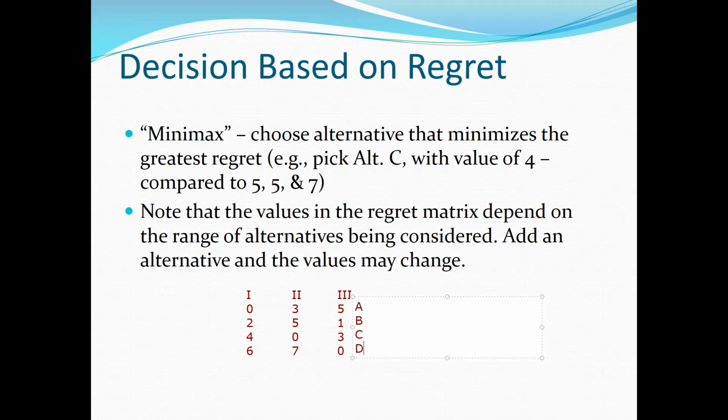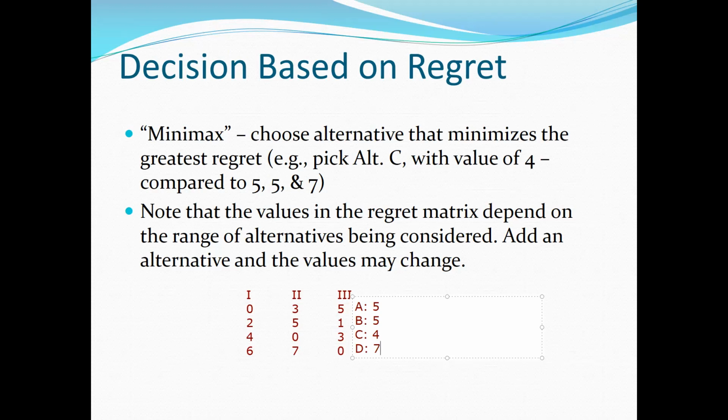What is the maximum possible regret that you could have if you picked alternative A? The max possible regret is 5. That's right. What is the max possible regret for alternative B? That's also 5. For C, it is only 4 because the maximum regret that you could have is 4. And for D, max possible regret is 7. So I'll pick C.